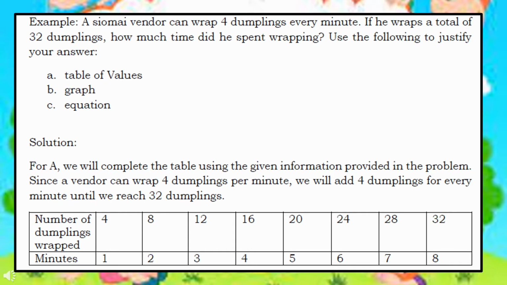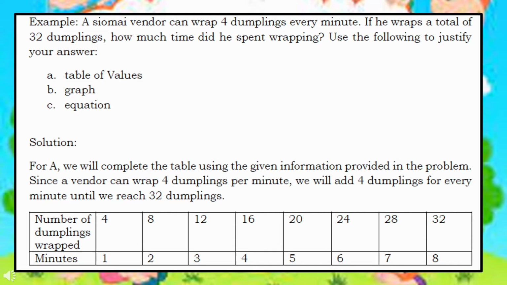The first one is number of dumplings wrapped, and the second one is minutes. So if he wraps 4 dumplings, that is equivalent to 1 minute. If it's 8 dumplings, that is equivalent to 2 minutes. So every 2 minutes, he wrapped 8 dumplings.